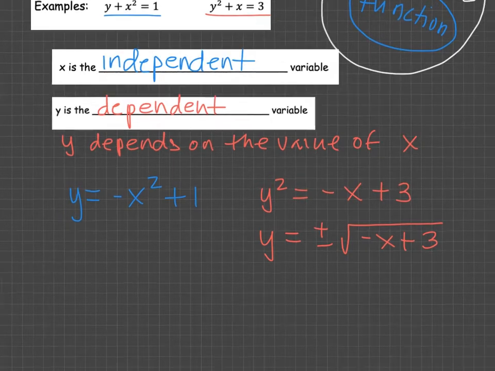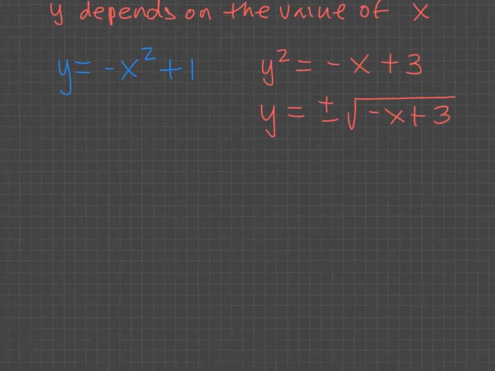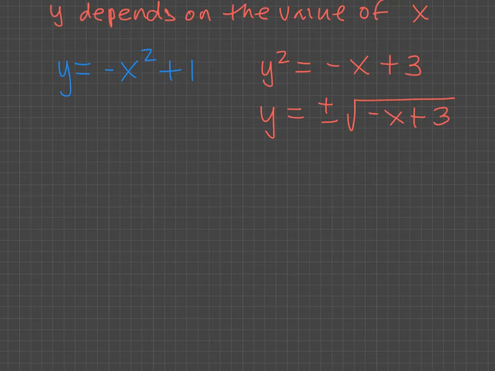Now let's see what happens when we choose a value for x. X is independent, so we can choose a value for x. Let's let x equal 2 and see what y equals.